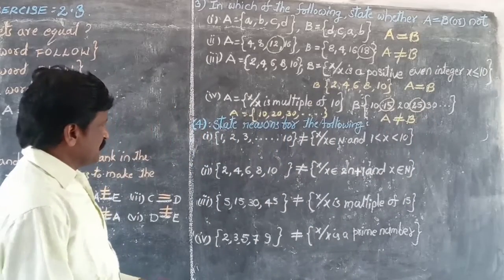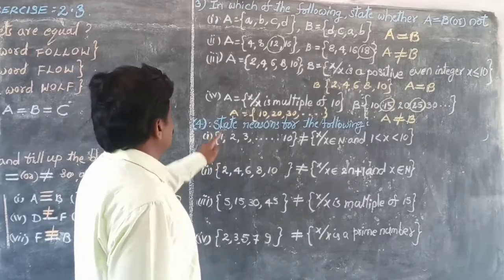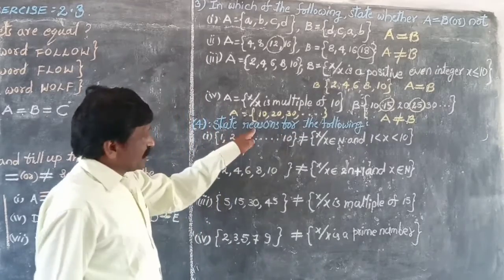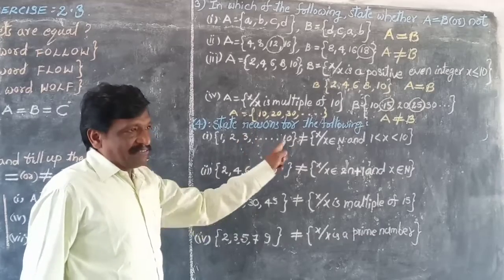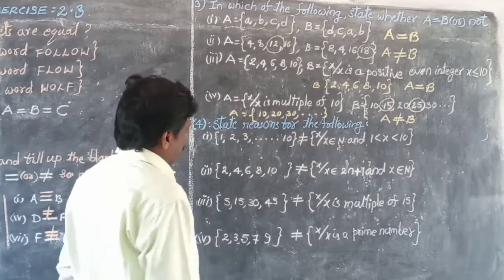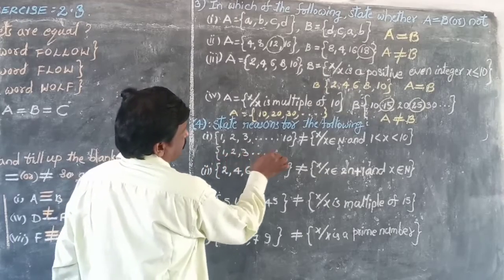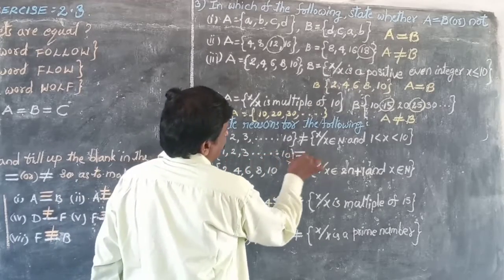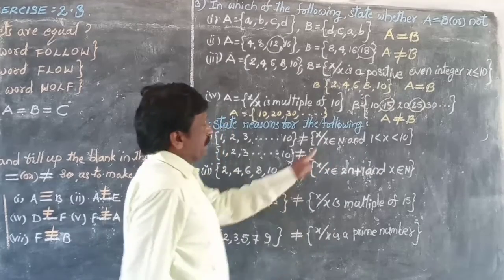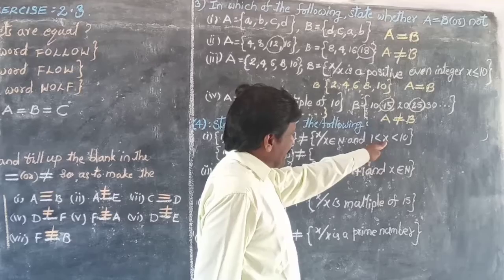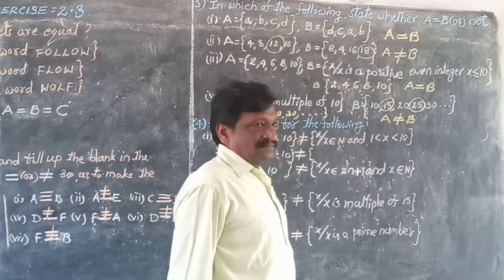Next one, state reasons for the following. They are not equal. How will you tell? First, {1, 2, 3, ..., 10} is not equal to {x such that x belongs to N and x is less than 10}.